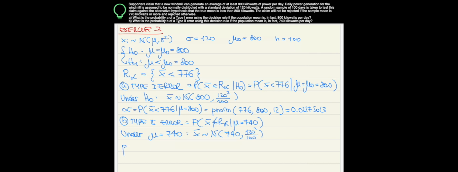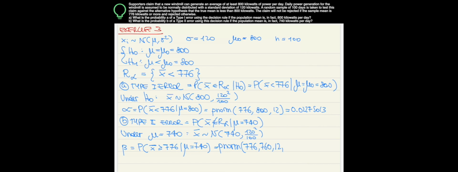So beta, which is the probability for x bar to be not in the rejection region, so greater or equal to 776, given that mu is equal to 740, is just the probability for a normal distribution to be greater than 776, with mean 740 and standard deviation 12, right?